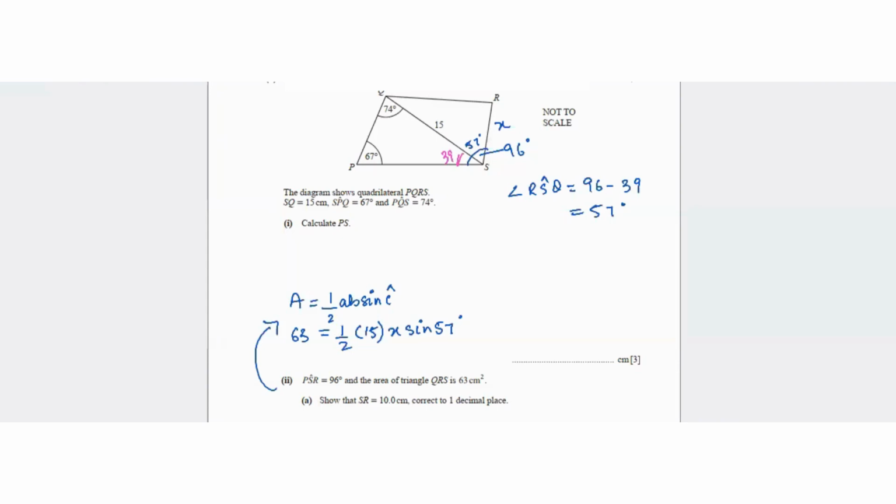So that would sandwich the angle between these two lengths. So this angle perfectly applies to this formula. We rearrange the equation, so that's going to be 63 times 2 divided by 15 times sine 57 equals X.